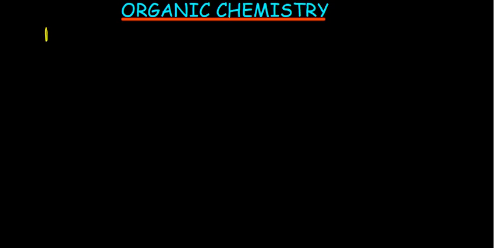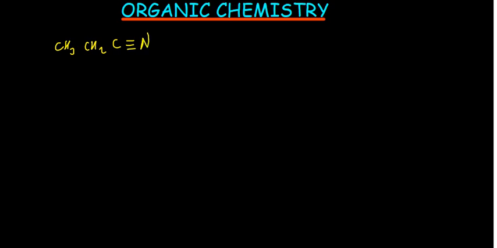So nitriles, they've got a carbon triple bonded to a nitrogen. We can also call this cyanide, cyano. So that is the functional group for nitriles. But how do we get to name them? Let's consider something. We have got CH3, CH2, and then C triple bonded to nitrogen, like that.